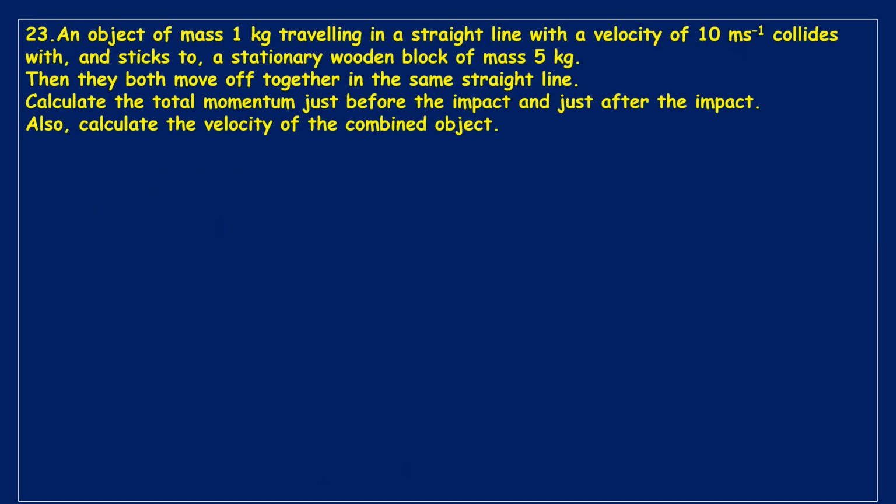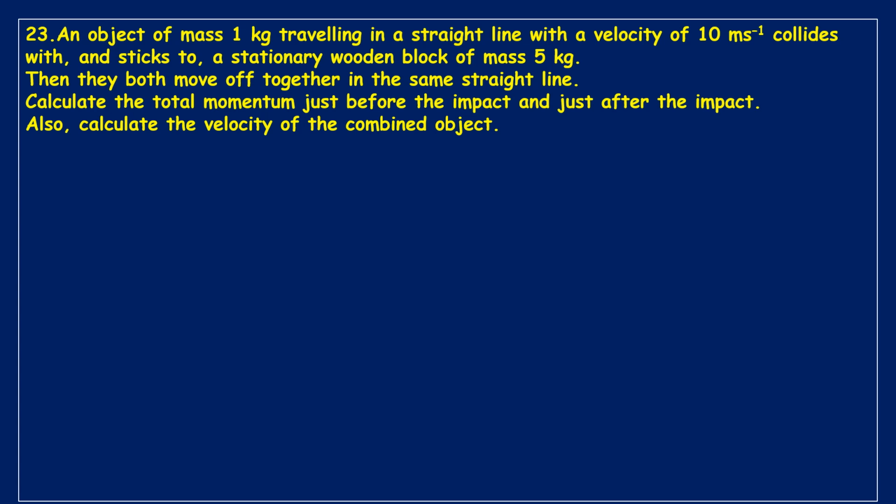An object of mass 1 kg traveling in a straight line with a velocity of 10 meters per second. Its mass is given as 1 kg, it is traveling in a straight line with a velocity of 10 meters per second, and it collides with and sticks to a stationary wooden block. After traveling a certain distance, it collides with the stationary wooden block and sticks there.